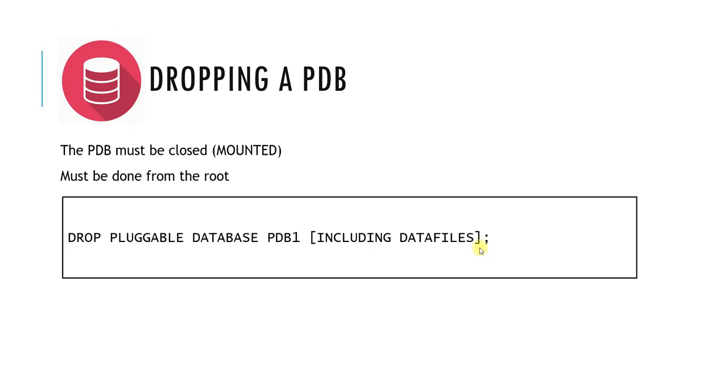Maybe for a specific reason you don't want to delete them, you back up everything and delete later; it depends on the project. Or else you can just run drop pluggable database PDB1 including datafiles. It feels just like dropping a tablespace, correct? Same thing. That's done. The PDB will be dropped, and when you run show pdbs, you won't see it.